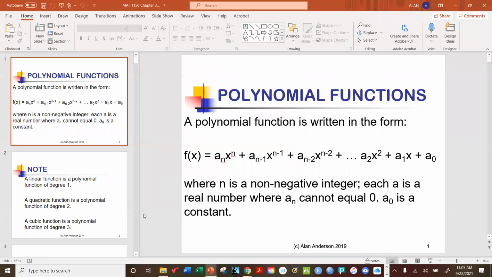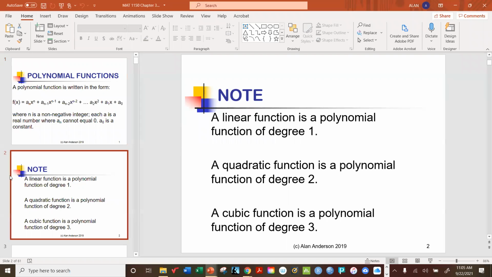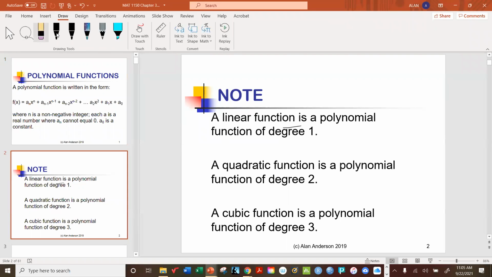So now here, look at this. What they're telling us here is that we can have any degree we like. So remember, a linear function looks like this. Just a quick reminder. The only x we have here has an exponent of 1, which means we call this a function of degree 1.